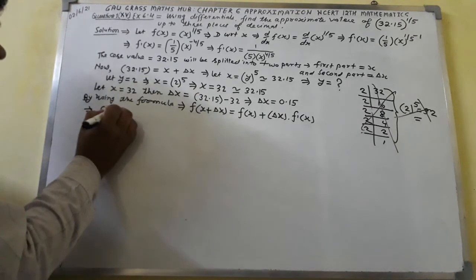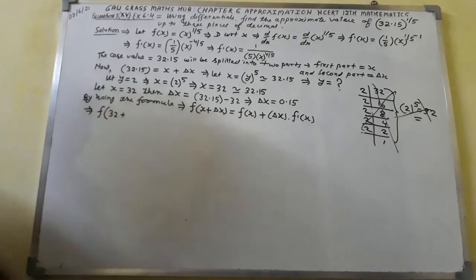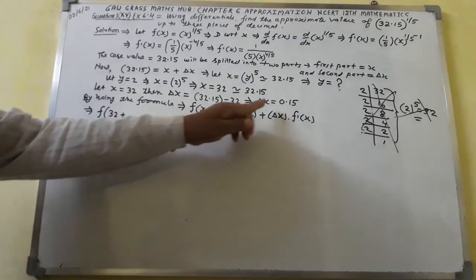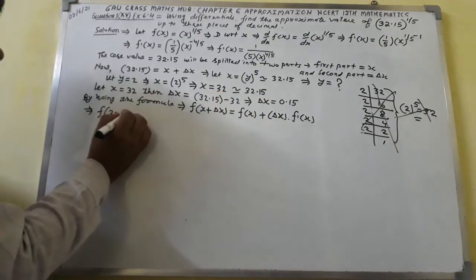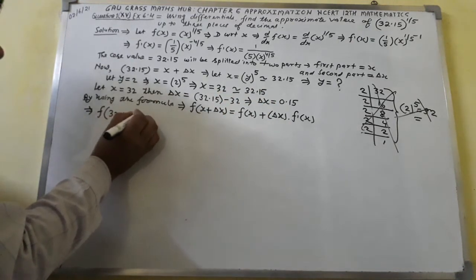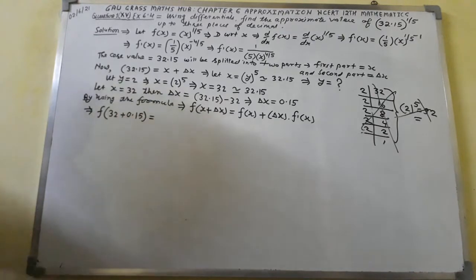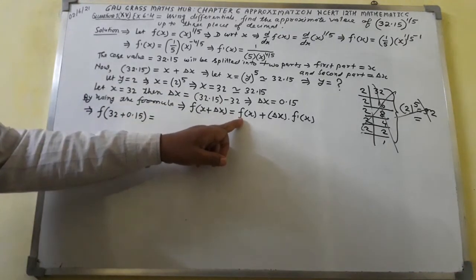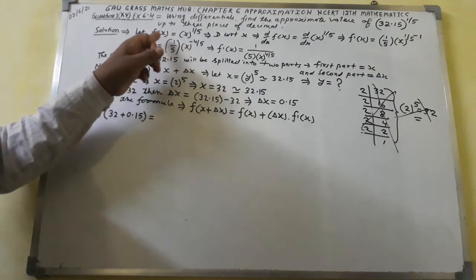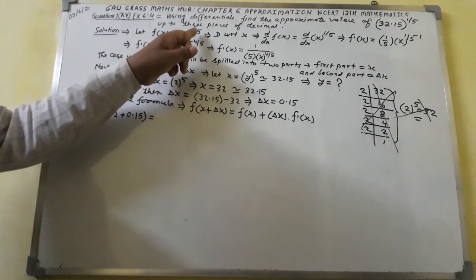So here write 32 plus the value of delta x, I shall take from this place, 0.15, equal to f of x, I shall take from this place, f of x equal to x raised to the power 1 over 5.